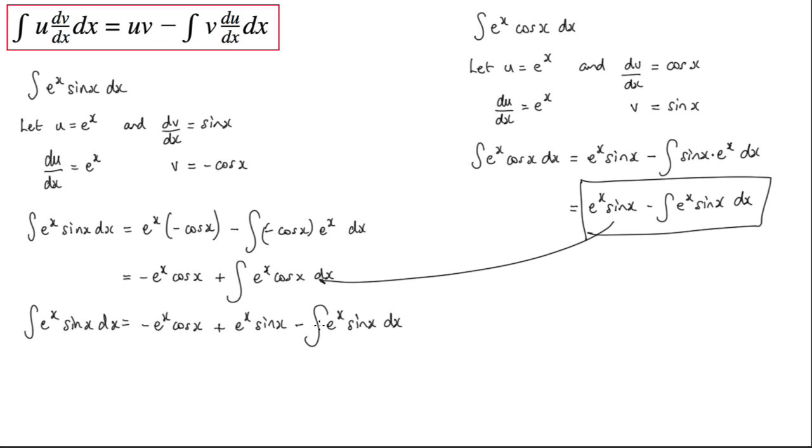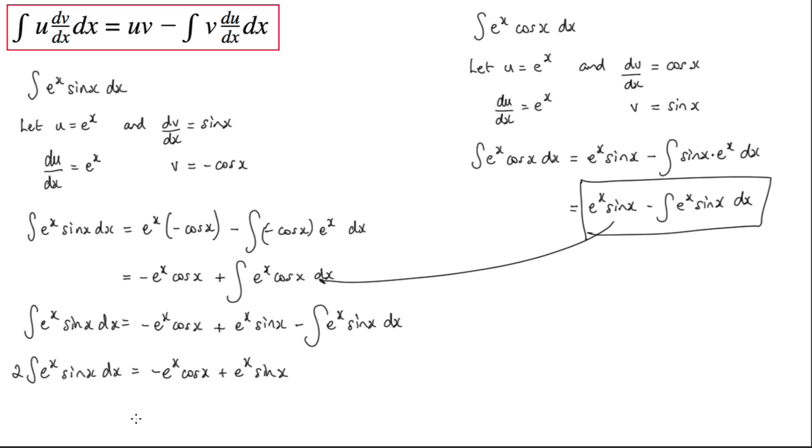Now if you notice, we've got two integrals of e to the x sine x, so I've got this one here, and I've also got this one here. So if I add this to both sides, we would have the following. We'd have 2 times the integral of e to the x sine x dx equals minus e to the x cos x plus e to the x sine x.